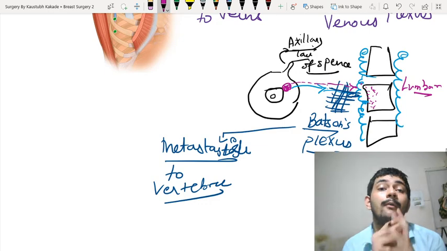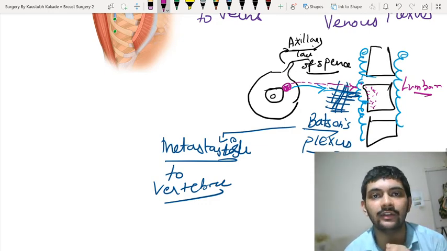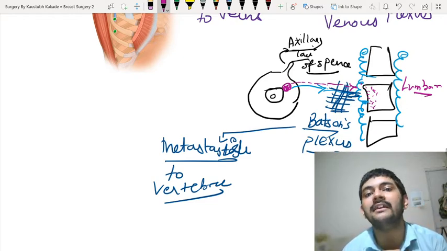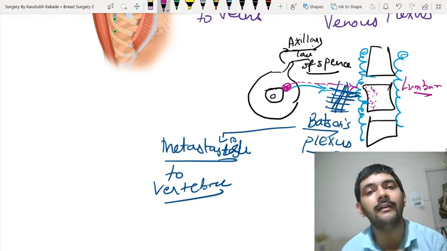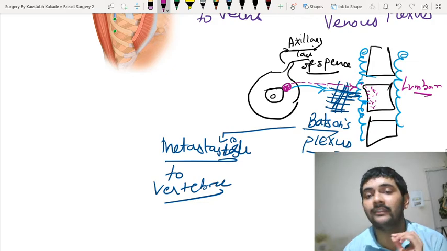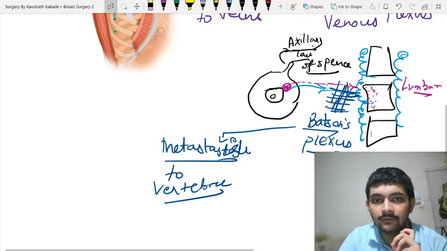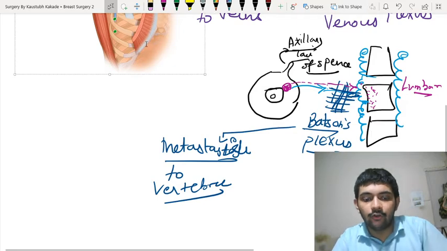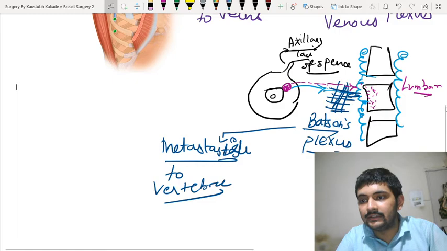That means there will be bone destruction. Your patient may present with bone pain, a backache mainly in the upper lumbar region, or pathological fractures.